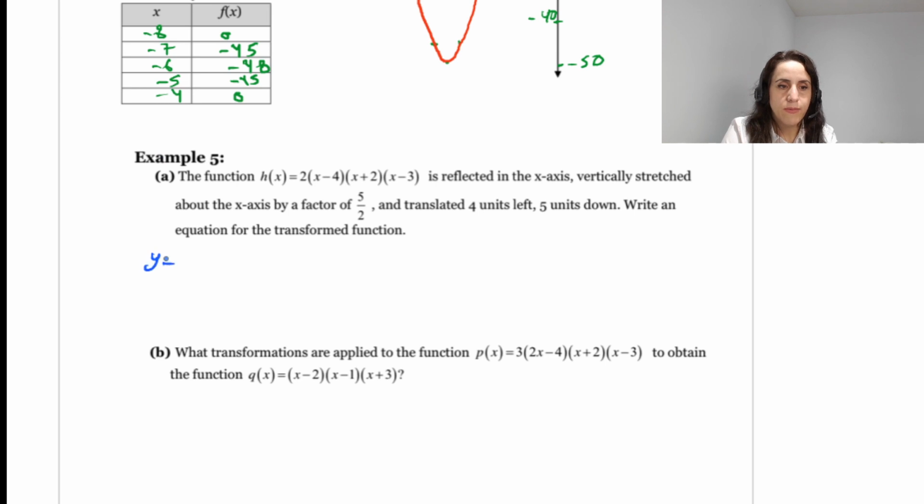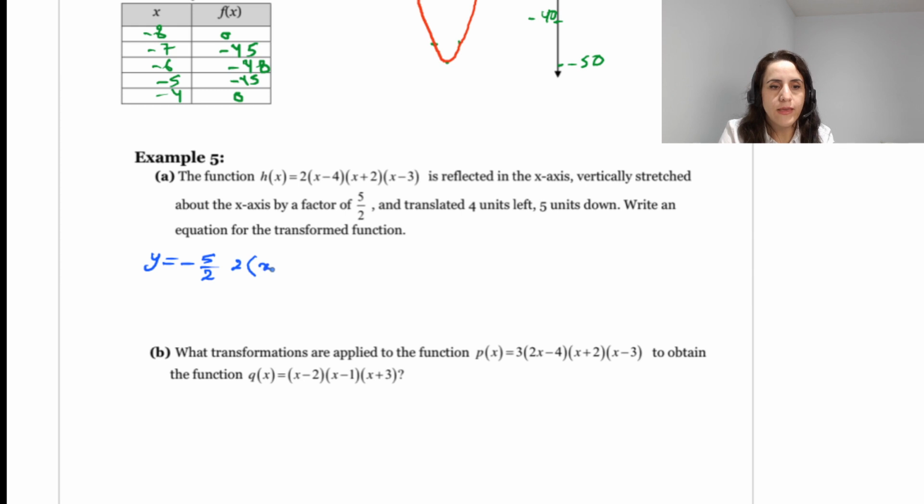I'm going to name it y. Is it reflected in the x-axis? Then one negative is going to the top. Vertically stretched about the x-axis by a factor of 5/2. 5/2 is a vertical stretch. Then I'm going to write down the equation. It's translated 4 units left, which means that all of the x's are moving 4 units to the left.